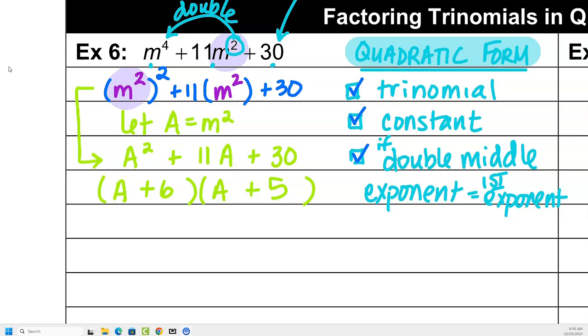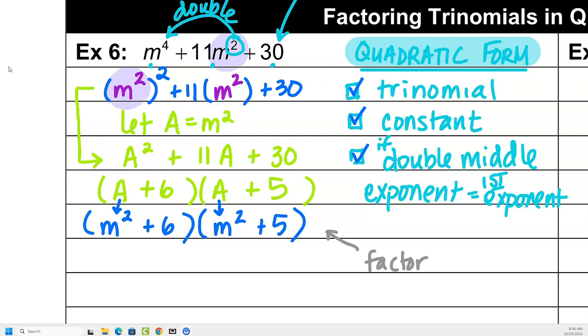So it's time to put back in what A is. A is the m squared. So I'll rewrite this to be m squared plus 6, and this one here to be m squared plus 5. Because we're in Algebra 2, we do need to ask, can we factor more? Do either of those terms factor more? M squared plus 6. I see the m squared, I know that's a perfect square.